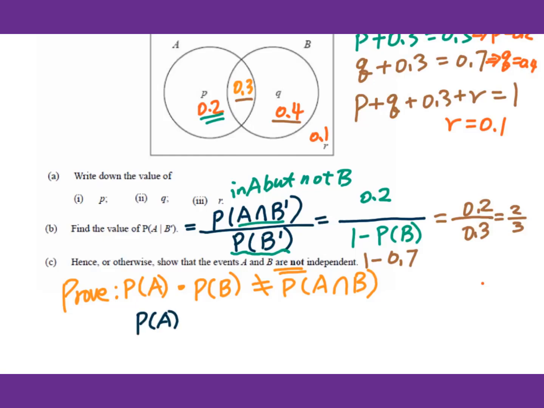Probability of A times probability of B: you will get 0.5 times 0.7, that's 0.35.